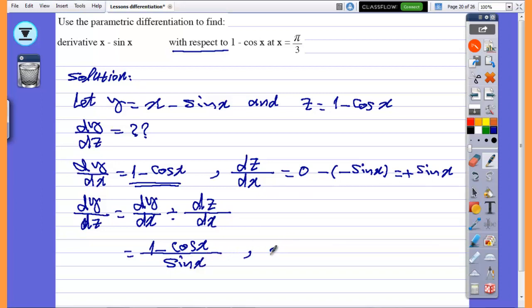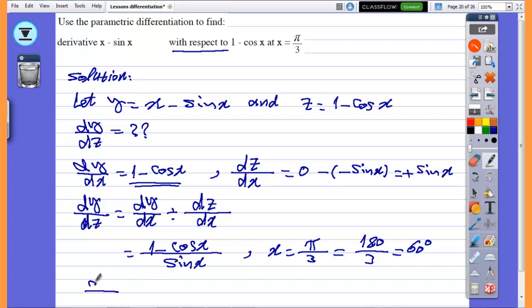Now substituting x equals pi over 3, and pi over 3 in degrees equals 180 over 3, which equals 60 degrees.